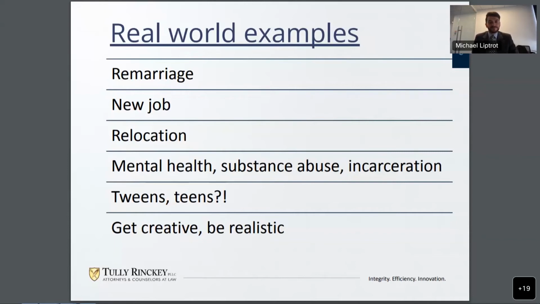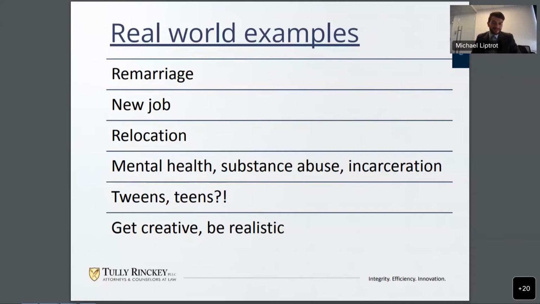But again, with the mental health issues and substance abuse, you're going to have to show that the circumstances have changed from the current order, and that it would be in the best interest of the children to modify the arrangement. It can't just be some blanket allegation, well, the custodial parent has these issues, so I want to litigate. You have to show that something specific is happening, something is changing, that's requiring a modification.